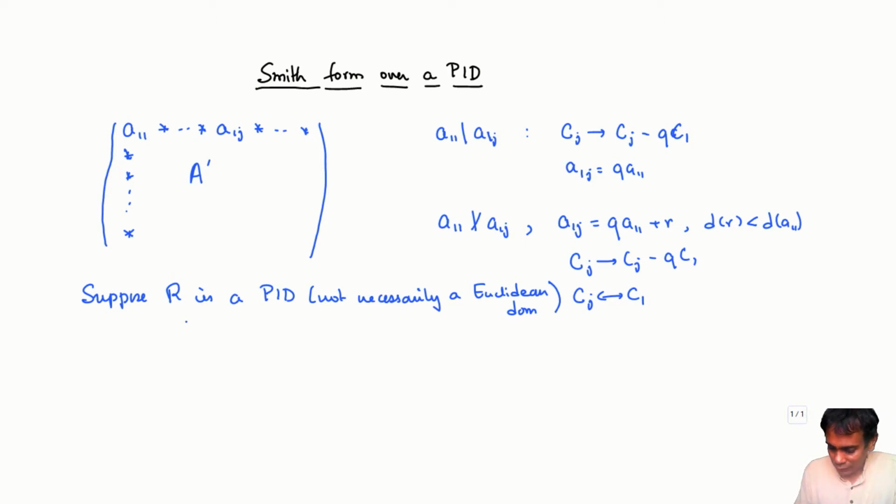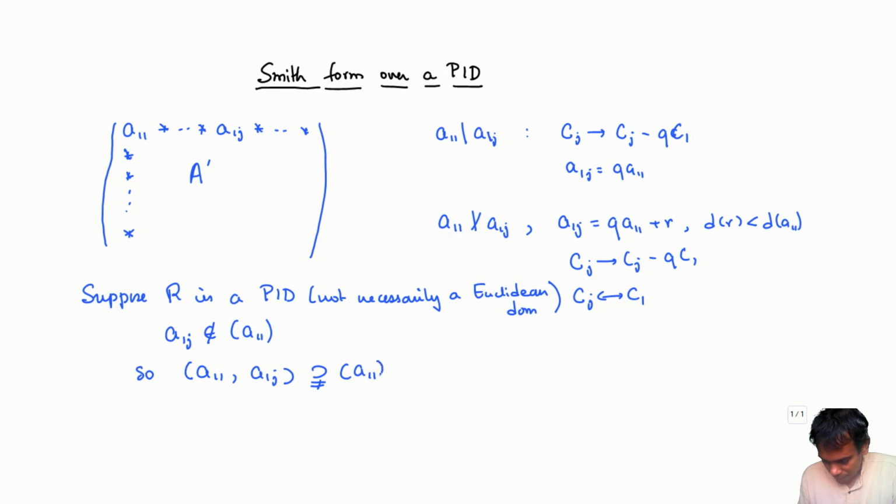Firstly, if A11 does not divide A1j, then A1j is not in the ideal generated by A11. That means that the ideal generated by A11 and A1j is strictly larger than the ideal generated by A11.